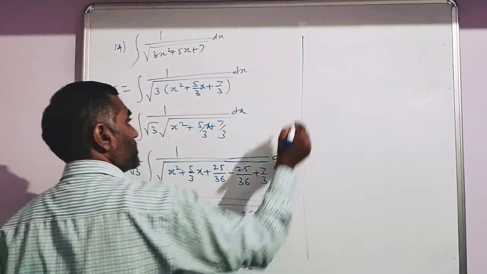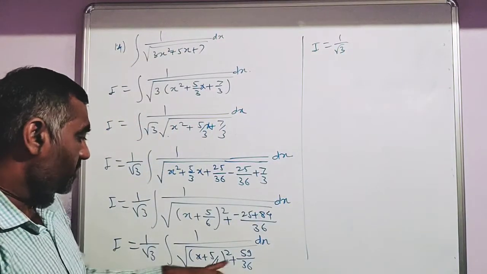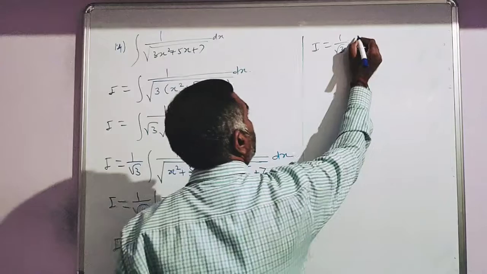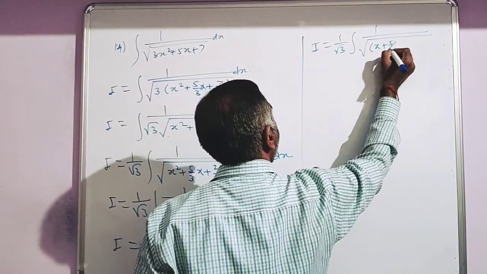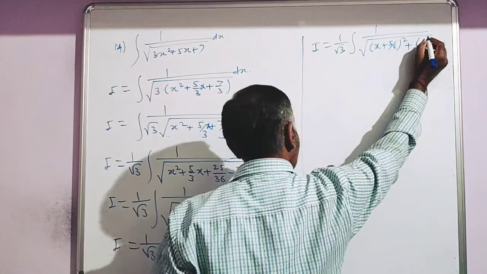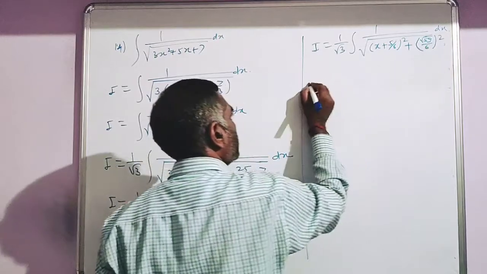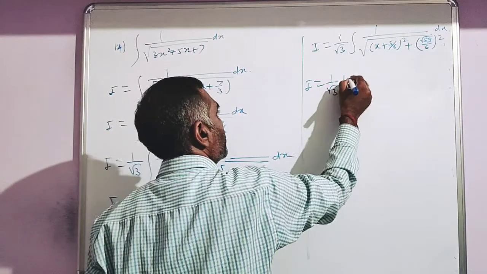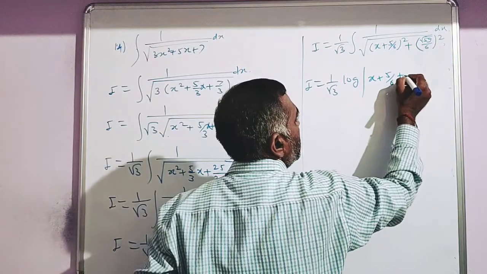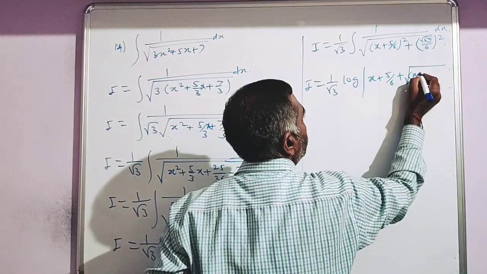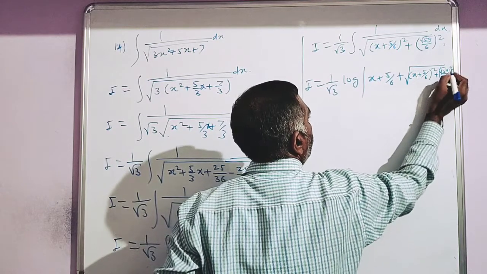Next step is I is equal to 1 by root 3. Here it is in the form of x square plus a square, under root integration of 1 upon under root x plus 5 by 6 whole bracket square plus under root 59 by 6 whole bracket square dx. I is equal to 1 by root 3 into log of mod of x plus under root x square plus a square plus c.